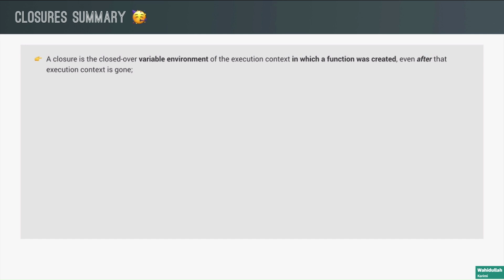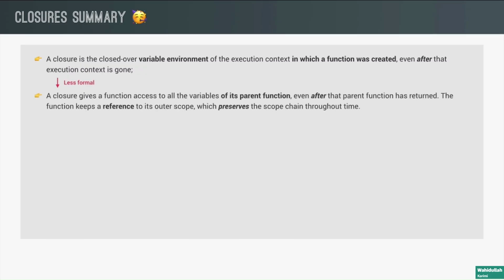Or, in other words, even after the function to which the execution context belongs has returned. Next, and a bit easier to understand, a closure gives a function access to all the variables of its parent function, so the function in which it is defined, even after that parent function has returned. So the function keeps a reference to its outer scope even after that outer scope is gone, which basically preserves the scope chain throughout time.